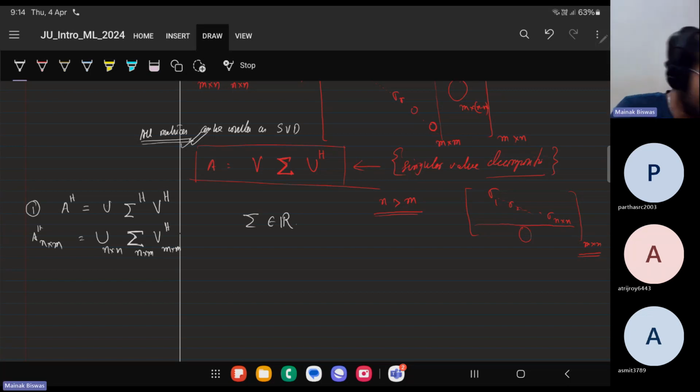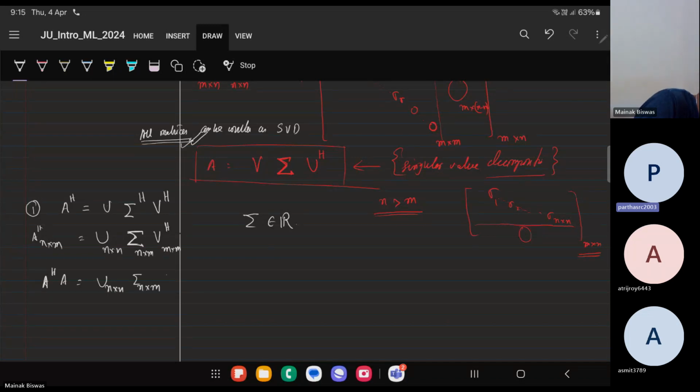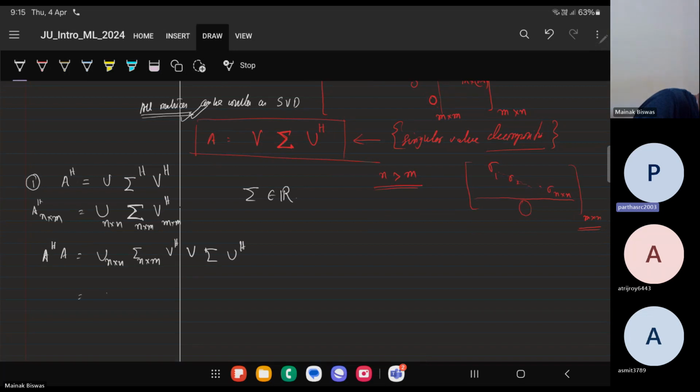Now, what is A Hermitian A? A Hermitian A is U sigma V Hermitian times V sigma U Hermitian. Here V Hermitian V becomes I, which we have already seen.